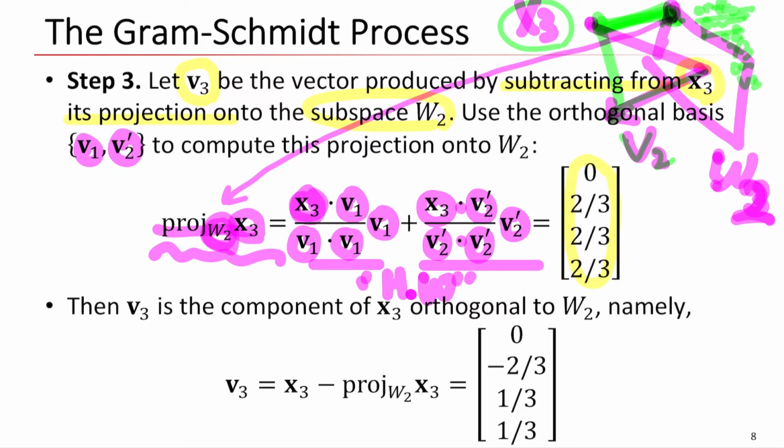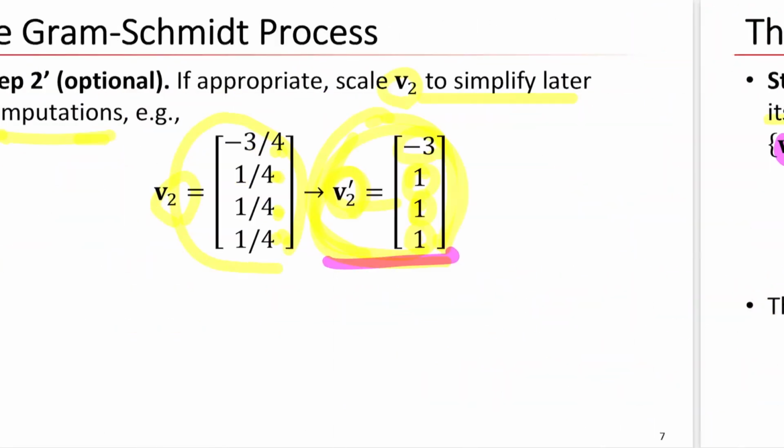And then how can I find out V3? Because the V3 is the component of the X3 orthogonal to W2, right? So X3 is here, and the orthogonal projection of the X3 to W2 space is here. And what was the X3?